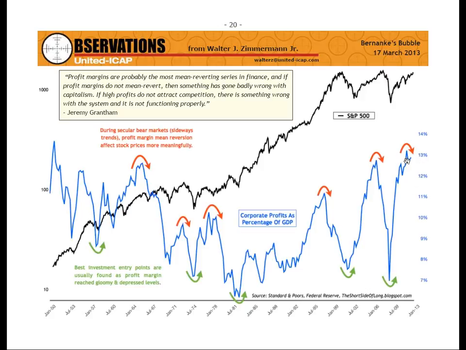Now we're in a similar situation, and there's a great quote from one of the greatest investors of all time: profit margins are probably the most mean reverting series in finance.